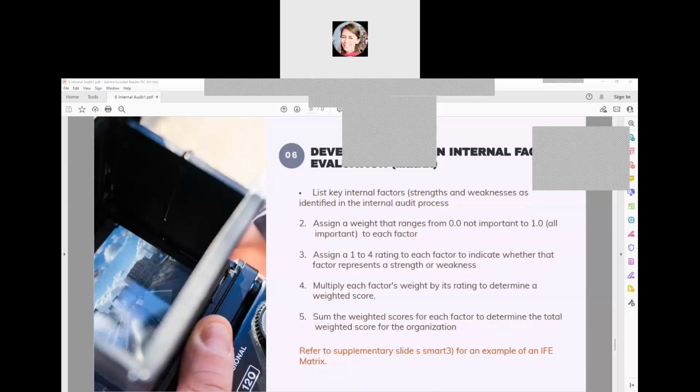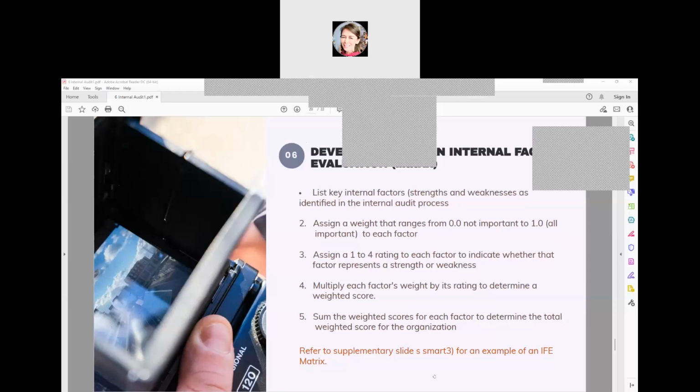Now for IFE, the general rule to identify key factors, key internal factors, is that normally managers look at identifying 10 to 20 internal factors.